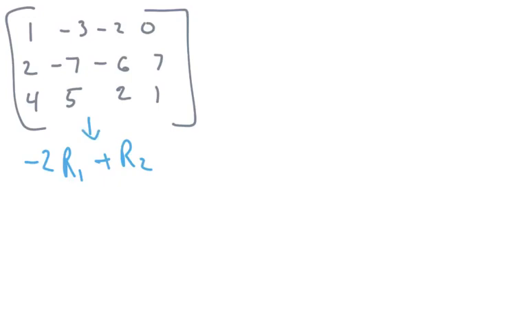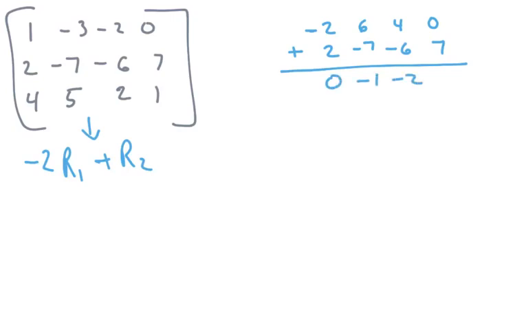I always like to write off to the side what I'm going to do. So I'm multiplying row 1 by -2. I'm going to add row 2 to it. Everything stays the same except the row that I changed, which is row 2.